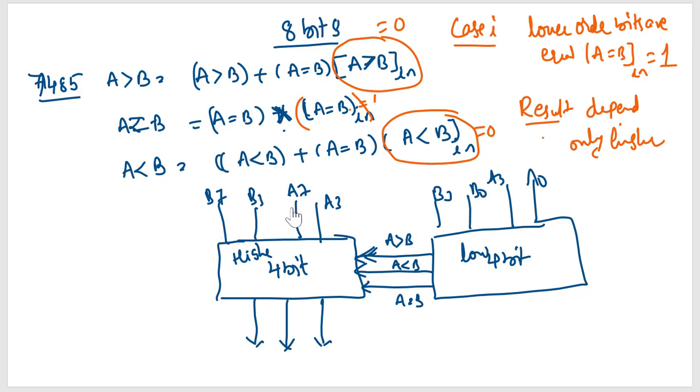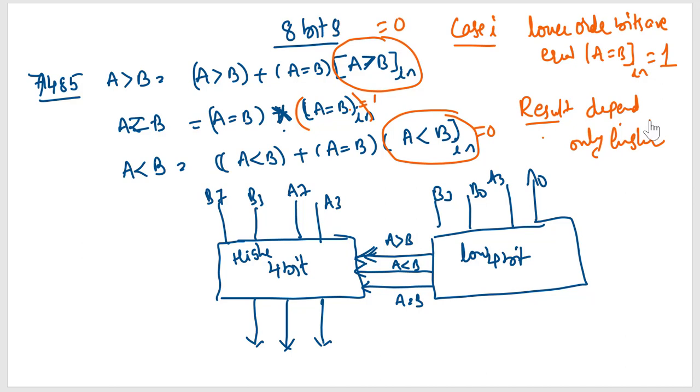Suppose if this higher order bits, if a is greater than b, then you are going to get the a greater than b as an output. If a less than b, then you are going to get the a less than b. If a equals to b, you are going to get the a equals to b when lower order bits are equal.